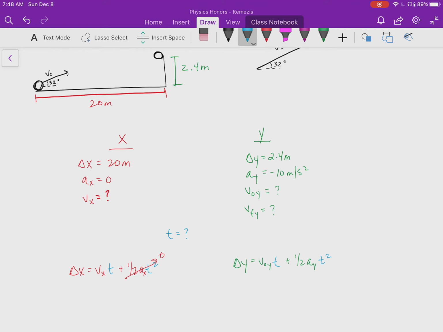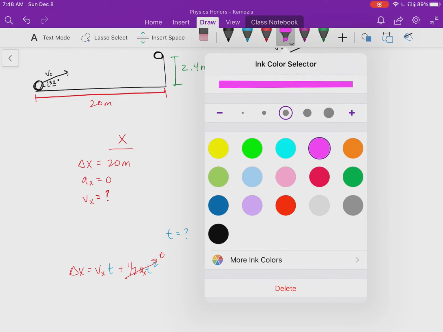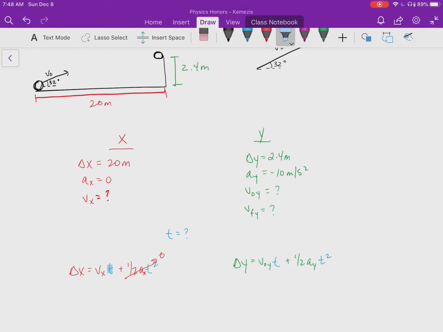As we look at this problem, we notice that we're going to have 3 different unknowns. We know time is an unknown, but also our velocities, and they're going to be different from each other. This thing is not at a 45-degree angle. If it was, then you would know that they are equal to each other, and that could help you out.